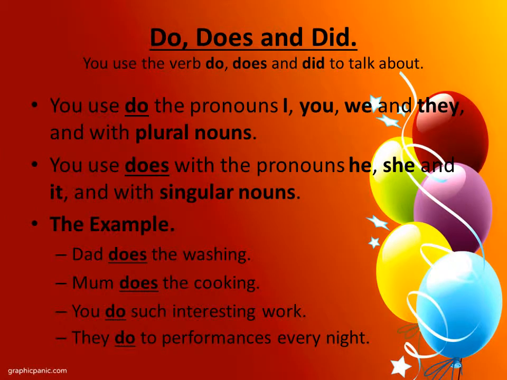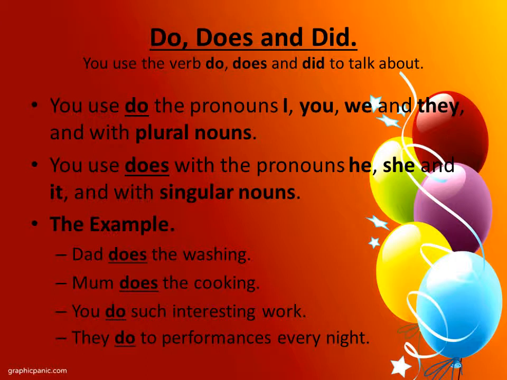Do, does, and did. You use the verbs do, does, and did to talk about actions. You use do with the pronouns I, you, we, and they, and with plural nouns.